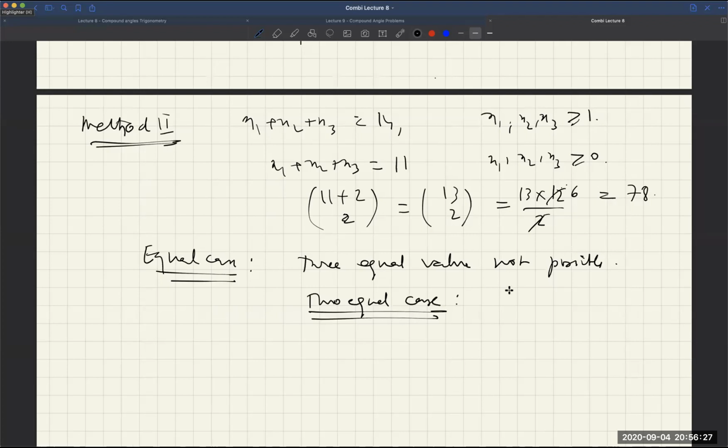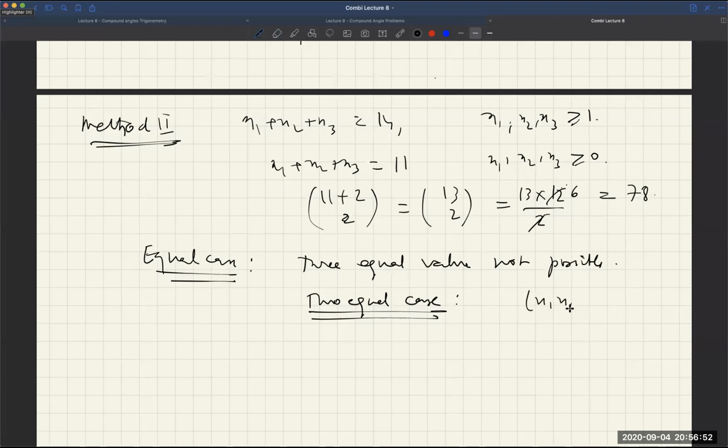How 6 into 3? Sir, xi can be 1, 2, 3, 4, 5, 6, because if it goes beyond that, then it won't work, since 7 plus 7 will be 14, and the other one will have to be 0. Correct. So it can be 1, 1, 12, then 2, 2, 10, and like that.